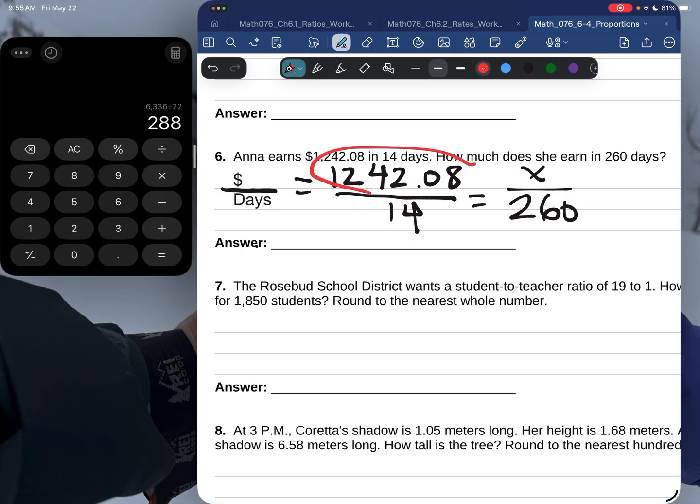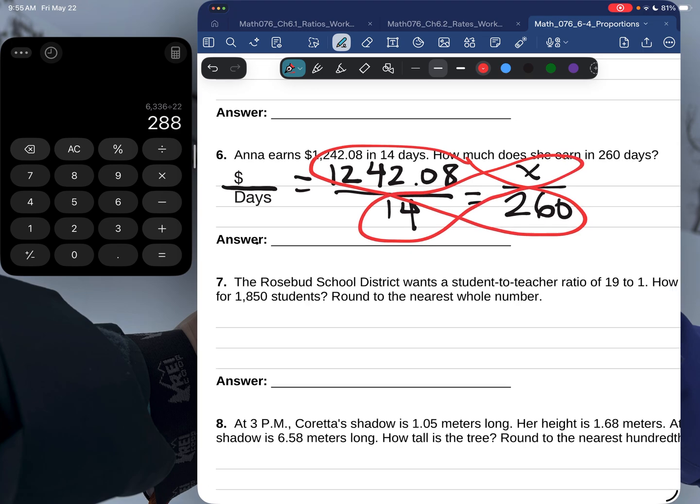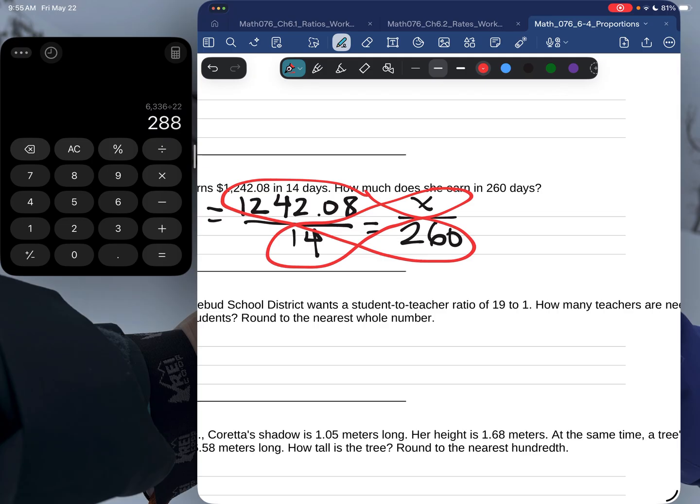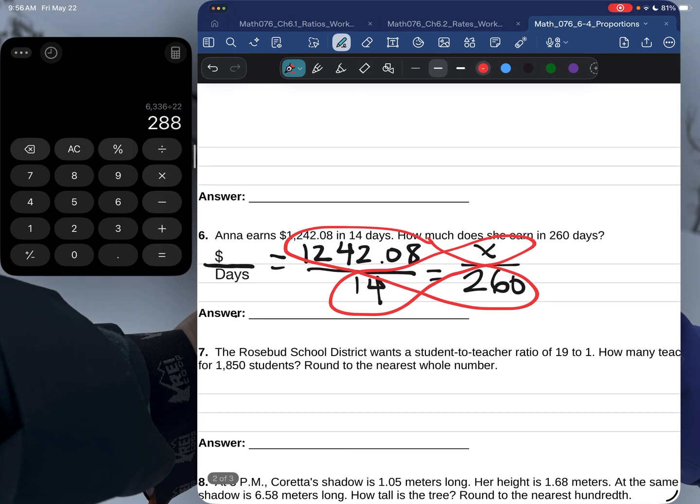So I'm going to cross multiply. I'm going to feel very fancy, and I'm writing above because I like to write big. So I have 1242.08 times 260 equals 14x.